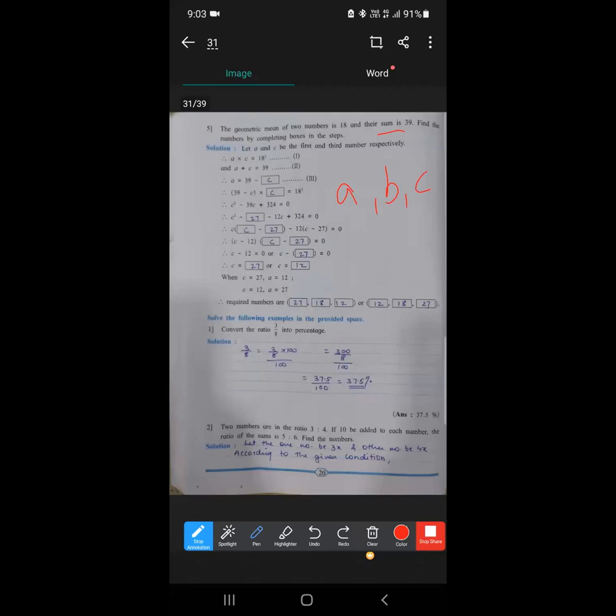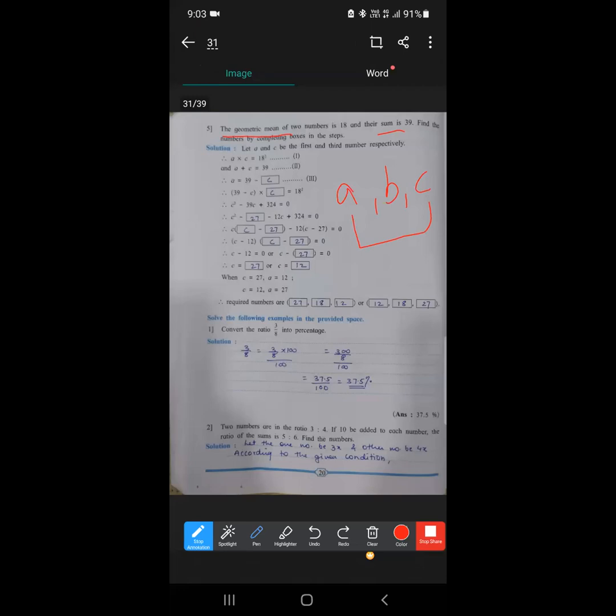So a is the first number, b is the second number, and c is the third number. And the geometric mean is nothing but the product of the first and the third.